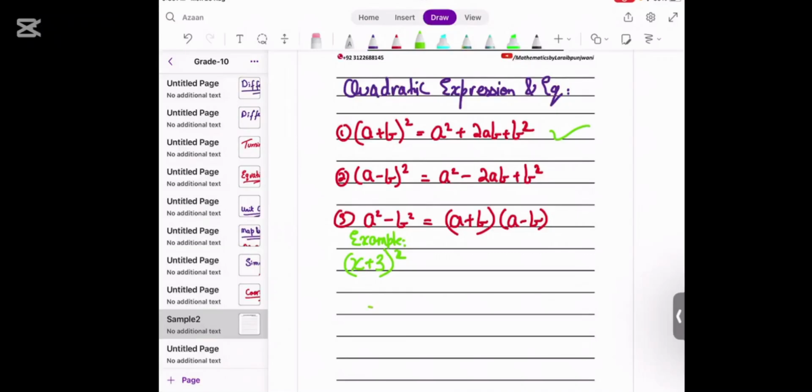The formula says a square plus 2ab plus b square. So I will write x square plus 2 times x times 3, and then b square, that is 9. So the final answer will be x square plus 6x plus 9. This will be our final answer. Azan, everything is clear? Yeah. Okay, great.